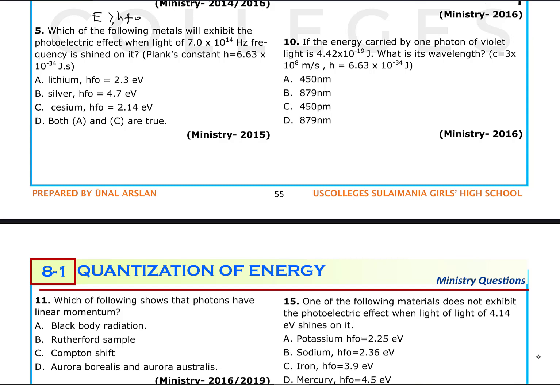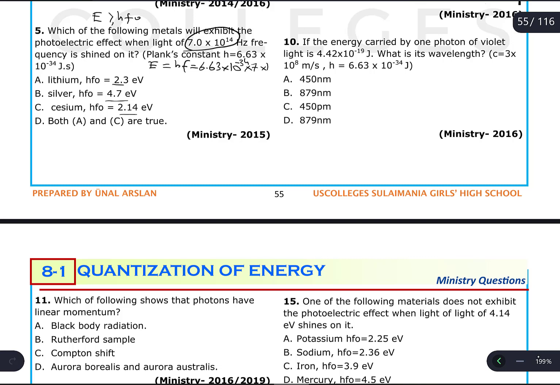So we should first calculate the energy of this frequency of photon, and after that we will compare this result with these given numbers. So let's calculate the energy of the photon first, which is h times f. So h is 6.63 times 10 to the power of negative 34 multiplied by f, 7 times 10 to the power of 14.